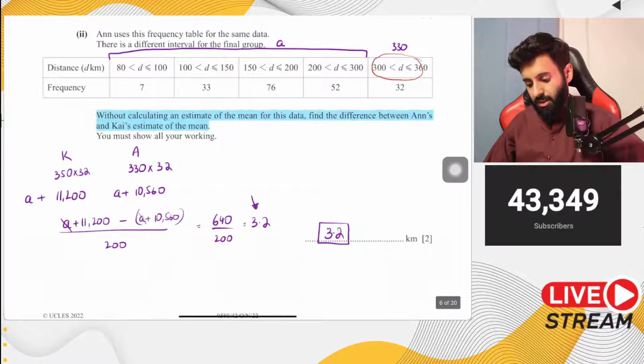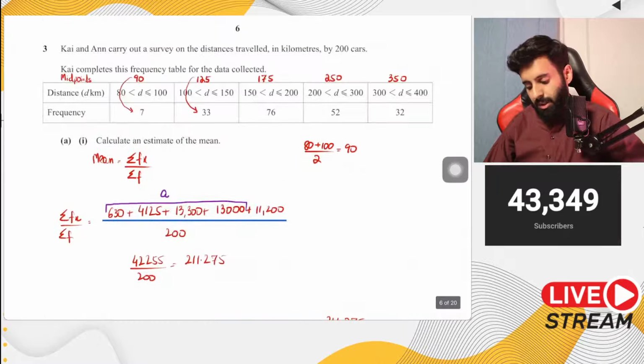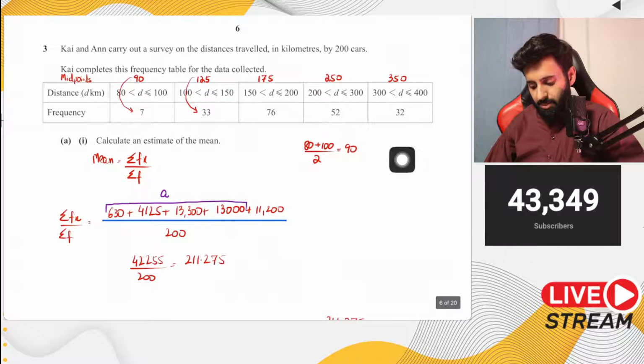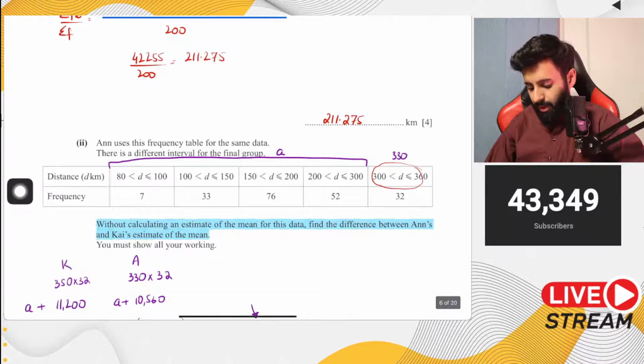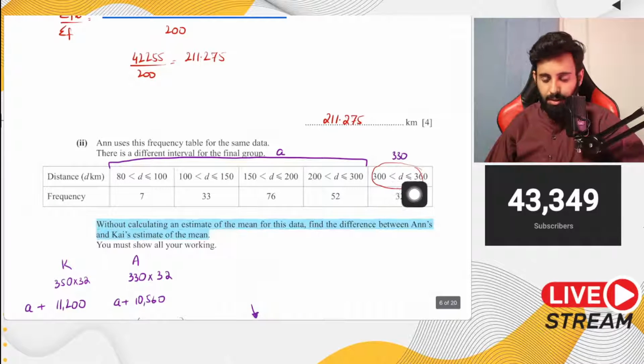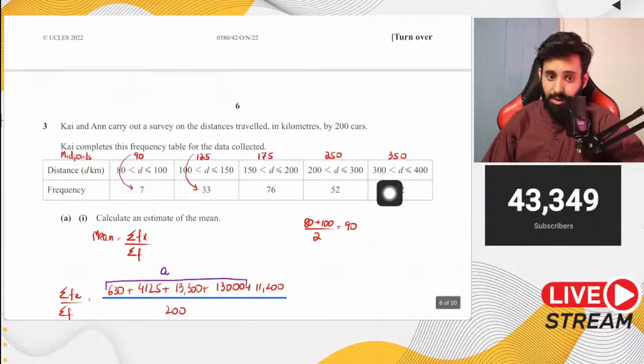Now make sure that you guys understand this well, because if you end up doing this by calculating the mean, don't expect to get any marks. Now I'll explain this again. All the values of this table are the same except for the last interval. Here the last interval is from 300 to 360. Here the last interval is from 300 to 400.